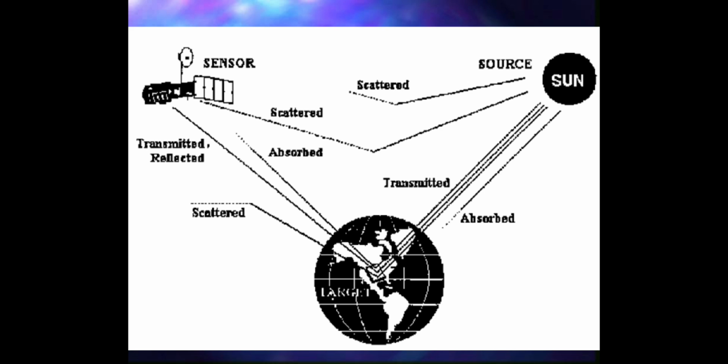The sensor also puts some wavelength on the earth surface, and the earth surface absorbs something and transmits or reflects it to the sensor, or scatters it in some medium. If we understand these terms, scattering, absorption, reflection, transmission, after that we can understand this chart very easily. These things we will discuss in the next lecture.